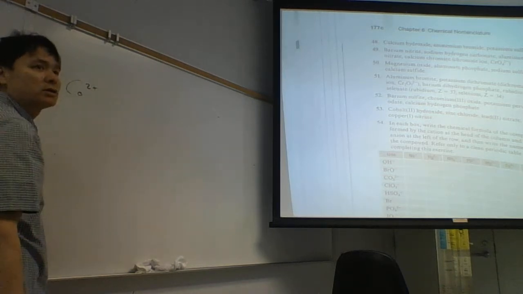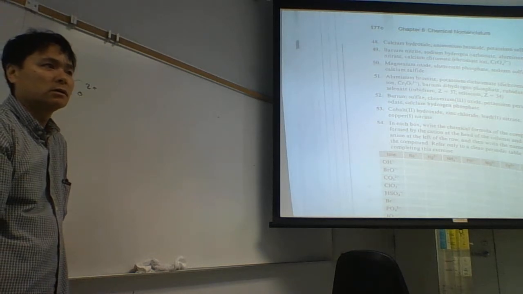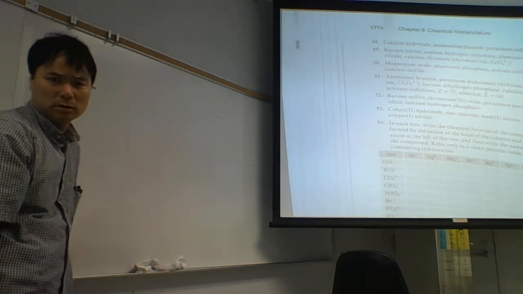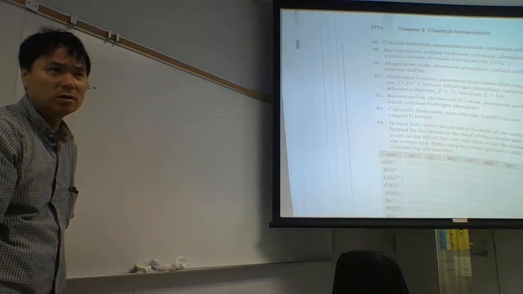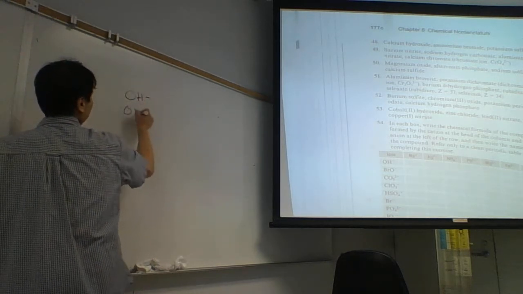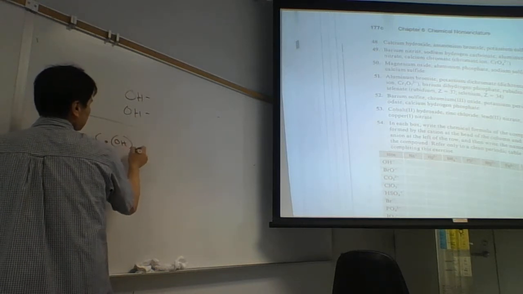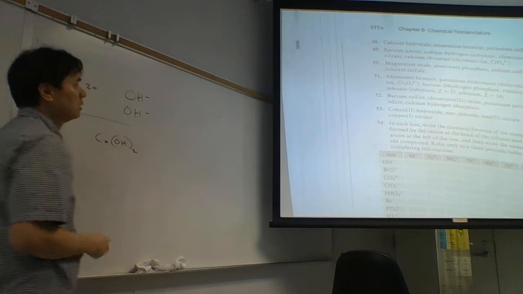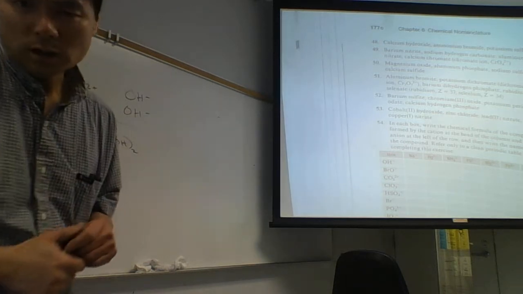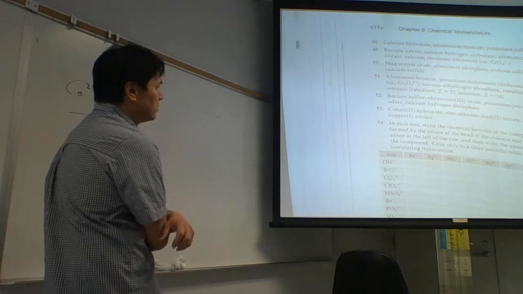Hydroxide is one of those you just have to memorize. Hydroxide is OH, charge minus 1, so we'll need 2 of those. Cobalt-2 hydroxide is Co(OH)2. Let's finish this one here.